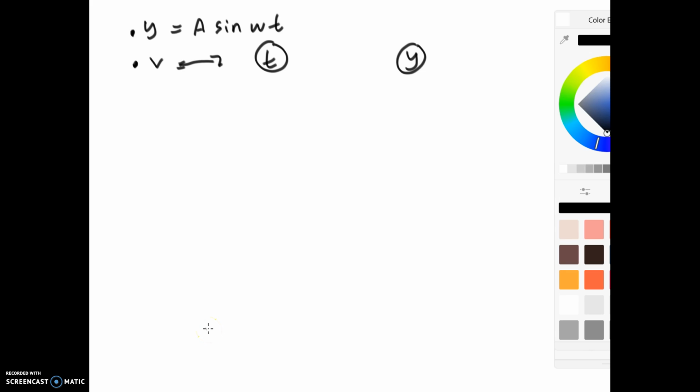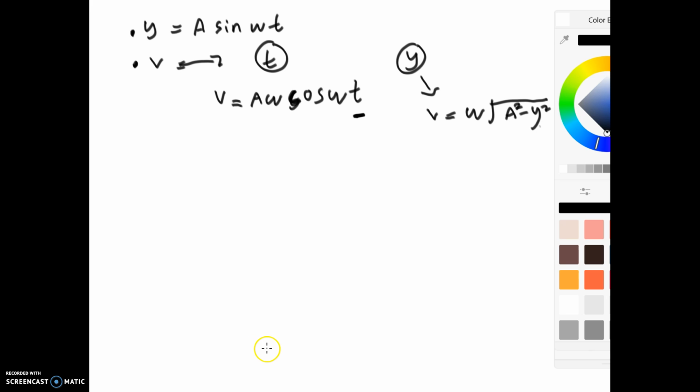You have to derive the equation. Assuming we have derived it, we get v equal to A omega cos omega t, in terms of t. For velocity in terms of displacement, v is equal to omega square root of A squared minus y squared, in terms of y.